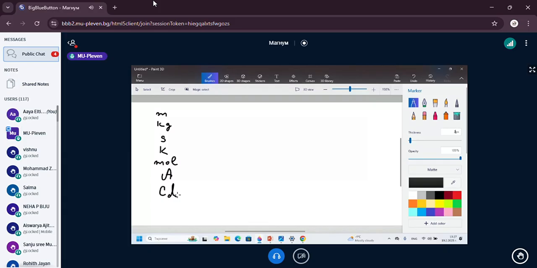These are the 7 base SI units of measure.